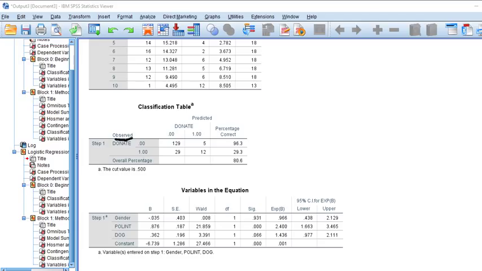if we look at this diagonal right here, then what that's conveying are the hits within the model. So in other words, we have correspondence between the observed group membership and the memberships that are predicted based on the model. On the off diagonal, or I guess you'd say the other diagonal, you would have essentially misses for the model.